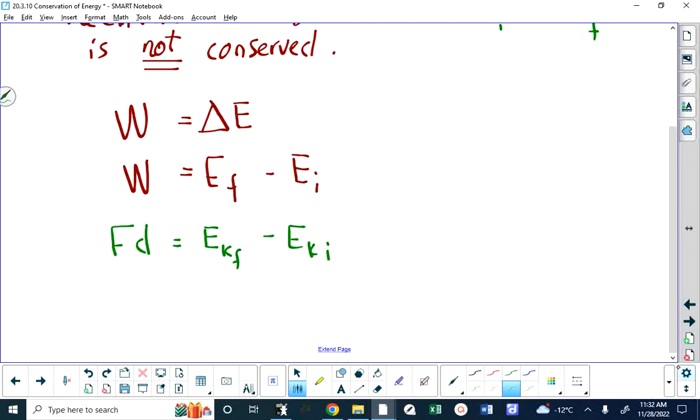Because it accelerates? No. In fact, because it accelerates, that's why initial kinetic needs to be subtracted from final kinetic. Would we have to add the applied force to EKF? Would we have to add what? The applied force to EKF? The applied force is over here, and by the way, we would never apply a force or add a force to an energy. Yeah.